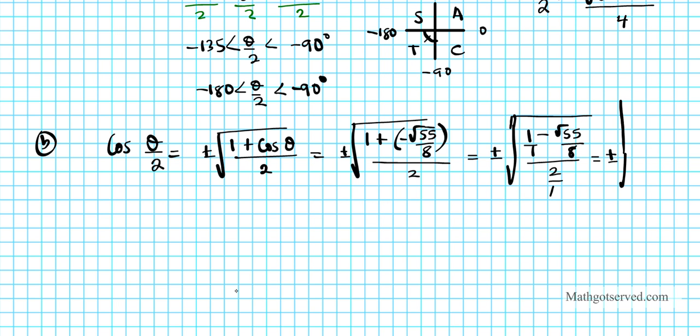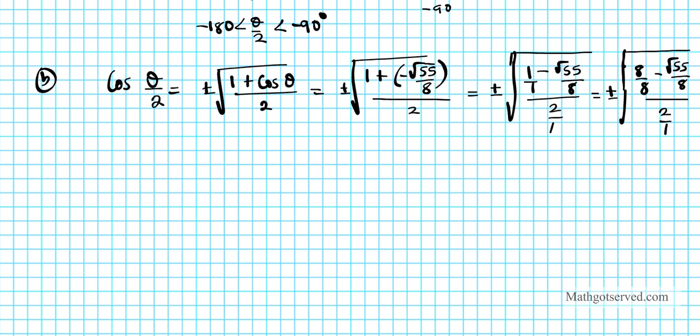So that becomes plus or minus the square root. Oh, it's too big. Erase that. Make it a little bit smaller. So let's see. Plus or minus the square root of 8 over 8 minus root 55 over 8 divided by 2 over 1. Okay, so let's combine the numerator into 1.